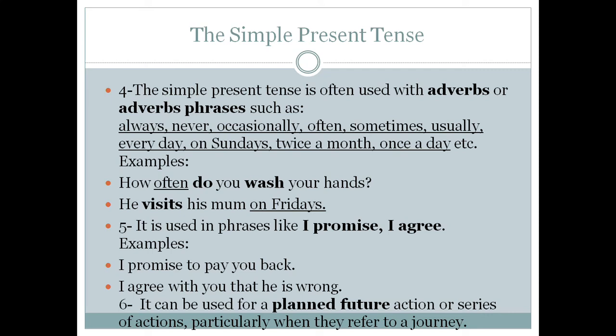The simple present tense is often used with adverbs or adverb phrases such as always, never, occasionally, often, sometimes, usually, every day, on Sundays, twice a month, once a day, etc. Examples.